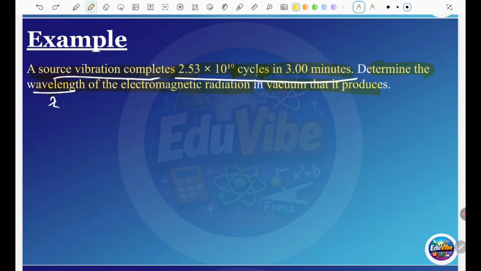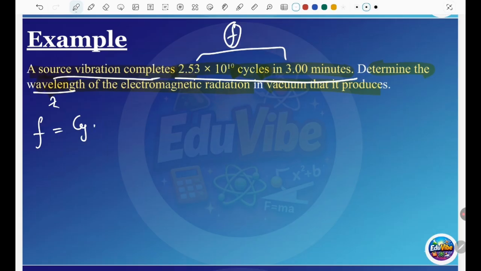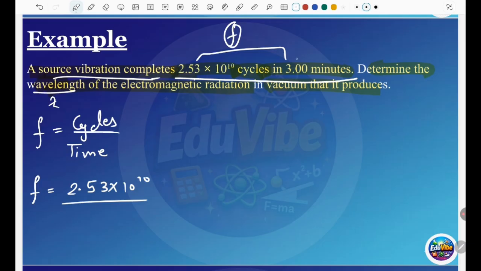Because cycles is there, and we know that frequency is the number of cycles per unit time, this whole thing gives the frequency. So our cycles are 2.53 × 10^10 and the time should be in seconds: 3.00 × 60 gives 180 seconds.